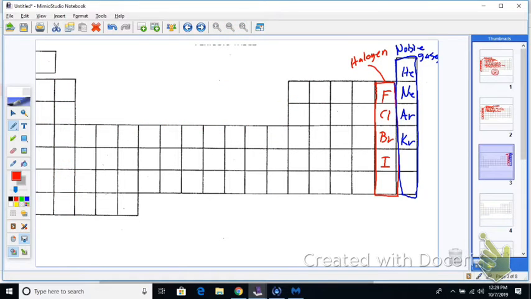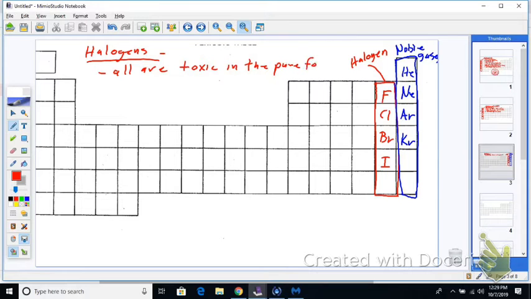Then we have our last 2 groups. Okay? Got the halogens. These are all toxic or poisonous in the pure form.